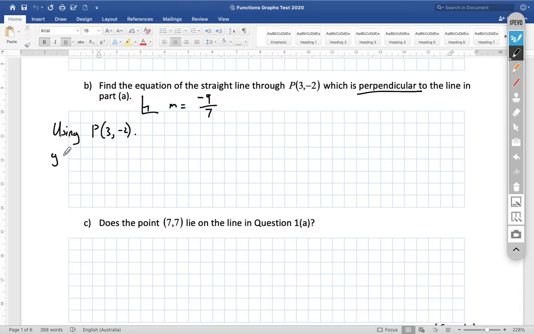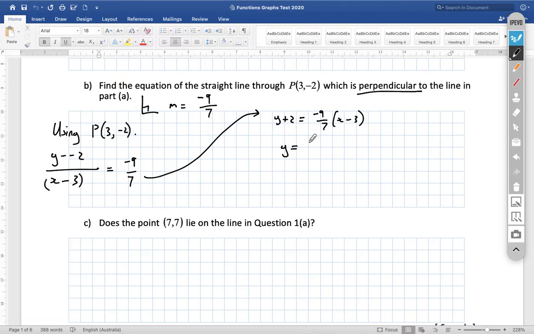So I'm going to say a change from this point has to equal that gradient. Right, that's going to take me to this next step. Y plus 2 equals, I'm going to multiply both sides by x minus 3, minus 9 on 7, x minus 3.